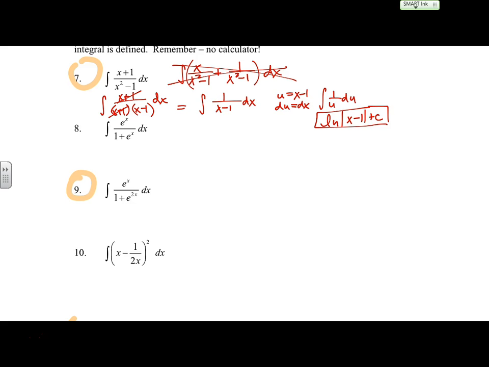You guys help me out on number 9. What'd you do? This one was hard. You took the e to the x and you take the square out of it. Good. You can rewrite this.